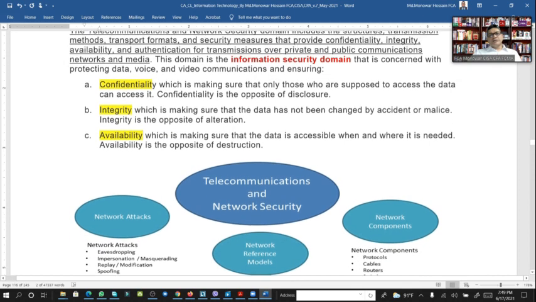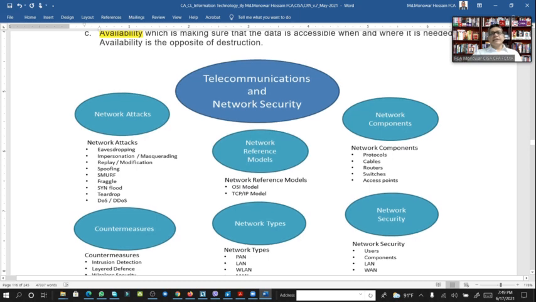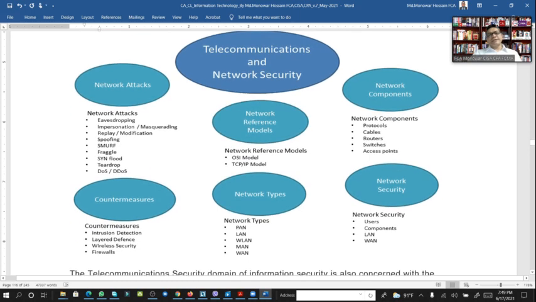So this way, telecommunication network security can be measured. A network can be attacked, for example, through eavesdropping, impersonation, masquerade, replay, and so on.